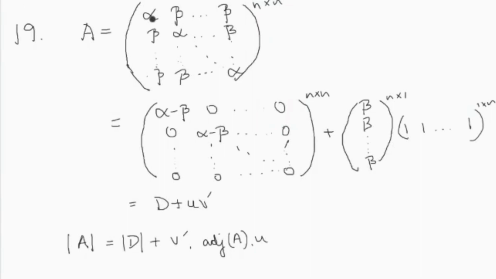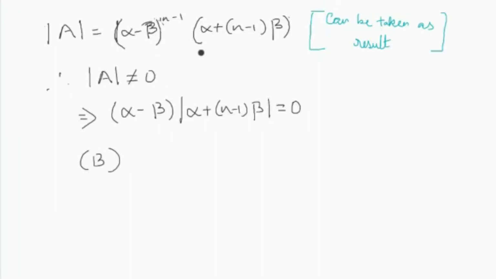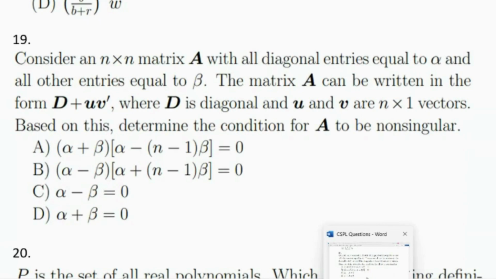You can take that out as common, and then find the determinant of the resultant matrix. So determinant A not equal to 0 means alpha minus beta to the power n minus 1 into alpha plus n minus 1 beta not equal to 0. So B is the correct option.